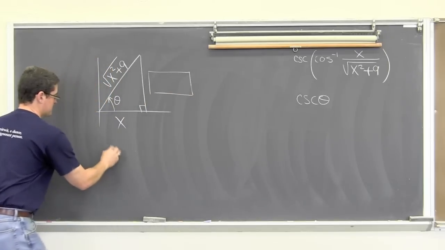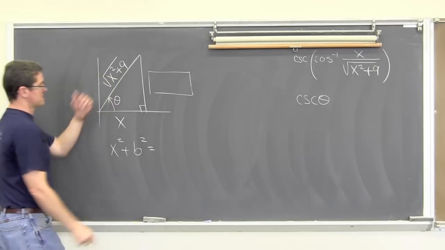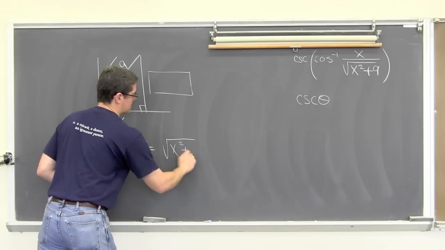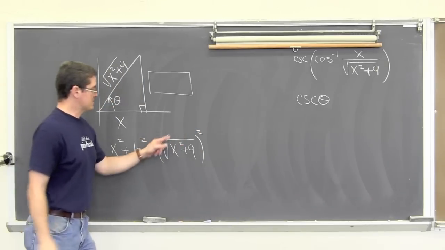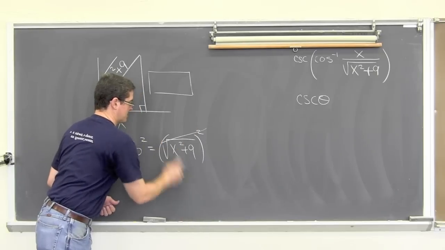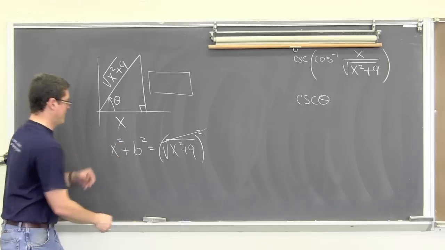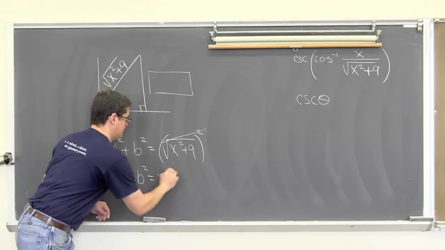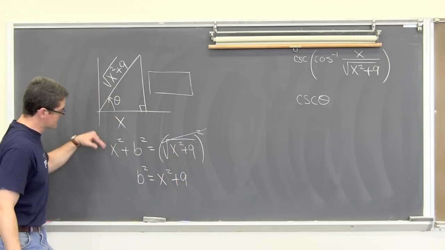So we have x squared plus b squared equals c squared, where c is the square root of x squared plus 9, squared. The squaring and square root, of course, are going to cancel out. So we have b squared is equal to x squared plus 9, and then we're going to bring this x squared over.